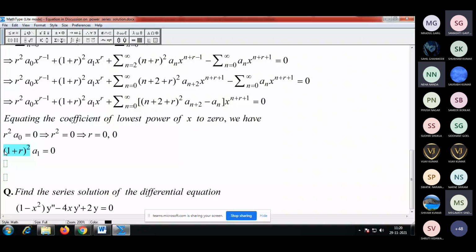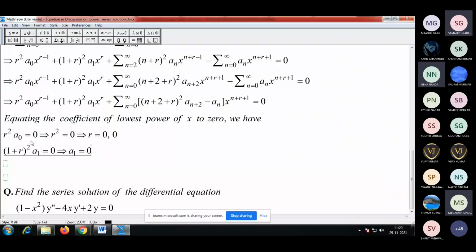So it means here this into this equals 0. So either this is 0 or a1 is 0. But if this is 0, then it will contradict the value of r. It means it can't be 0. So this implies a1 equal to 0. There are two terms, but the first term can't be 0, so a1 is 0.